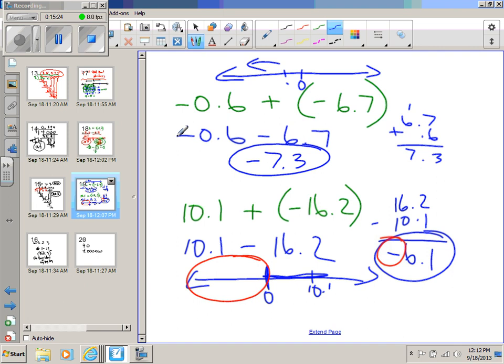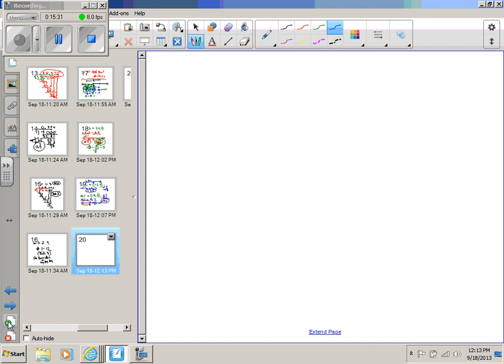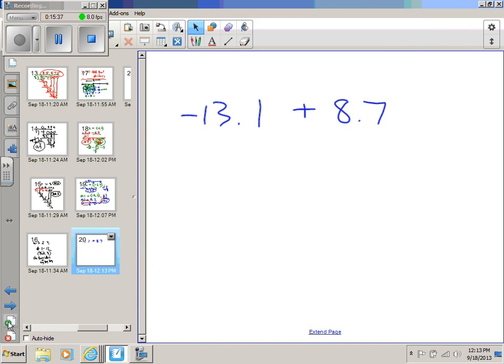Let's try another one. Negative 13.1 plus 8.7. Give it a shot. Okay, any clarification? Anyone want to rewrite this one, or leave it the same? Suggestions? Mark? Okay, so you wrote it as 8.7 first.